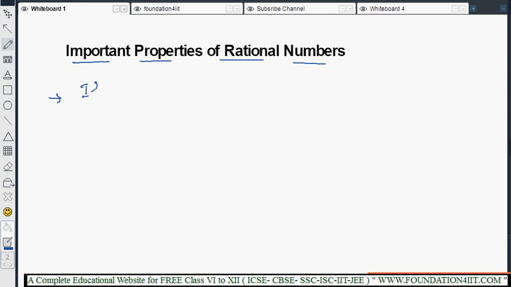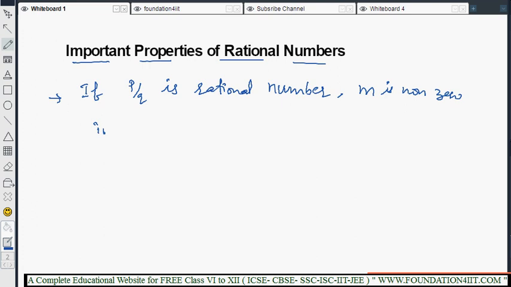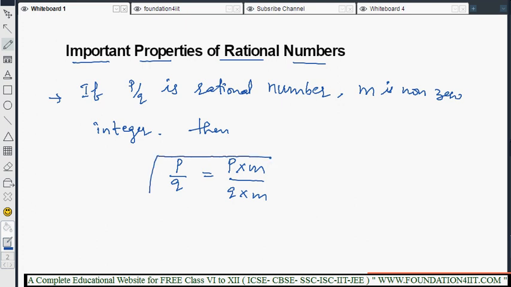So if p by q is a rational number and m is a non-zero integer, then the first property we can write is that p by q is equal to p into m by q into m. Now these both are equal.